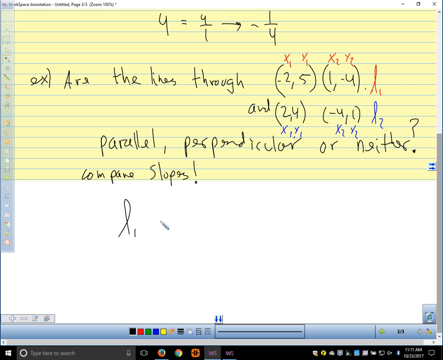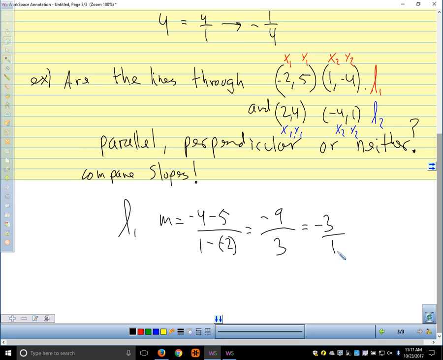So for L1, the slope, y2 minus y1, negative 4 minus 5, over x2 minus x1, 1 minus negative 2. Negative 4 minus 5, we get negative 9. And 1 minus negative 2 is 3, which is negative 3. And we could think of it as negative 3 over 1.